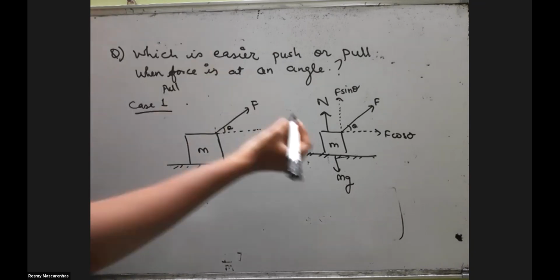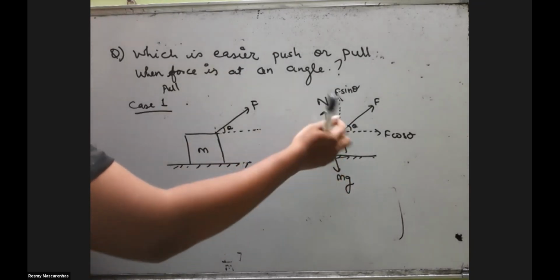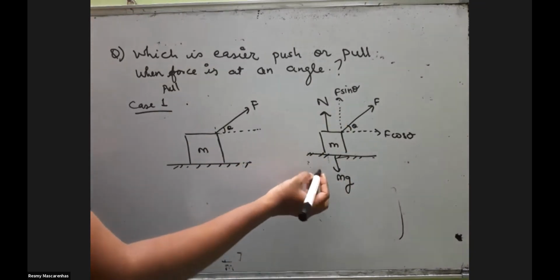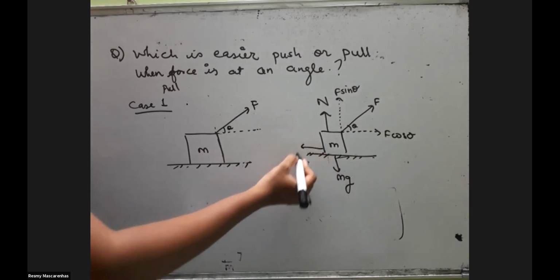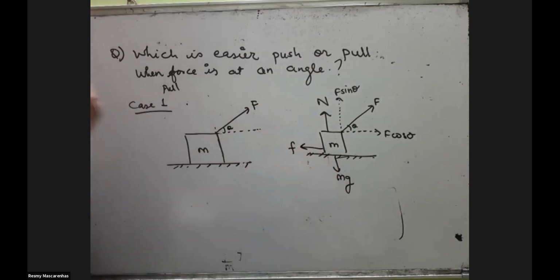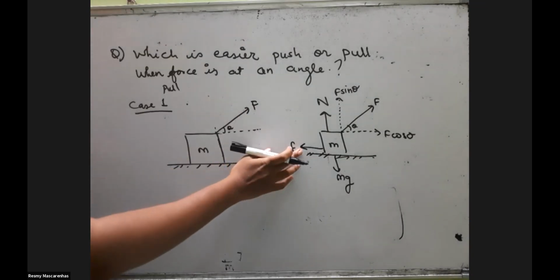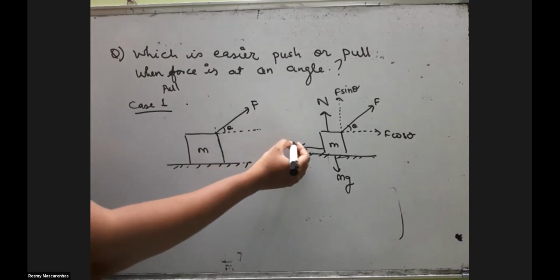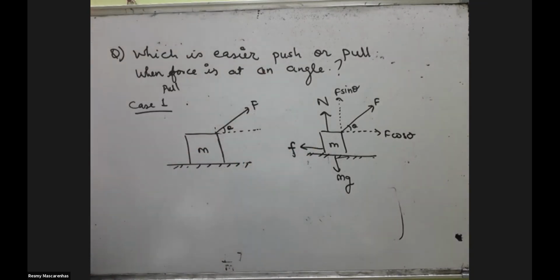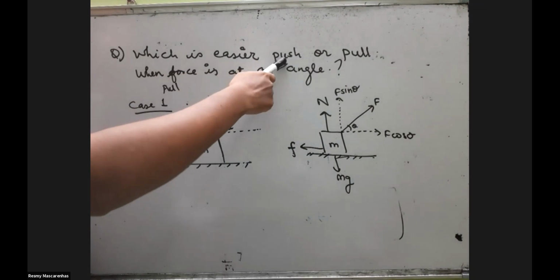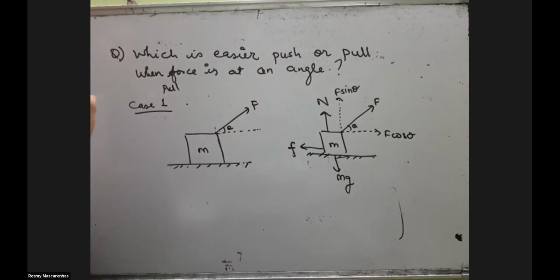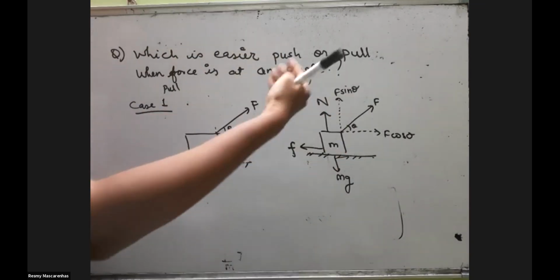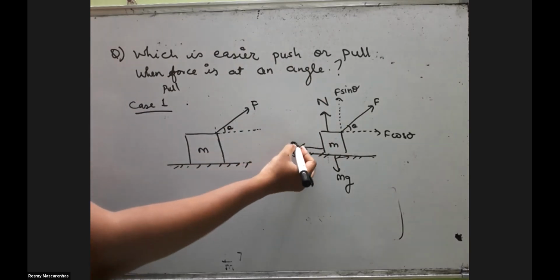Now equate. Vertical forces are always this, and always a frictional force will be there. We will not bother to know whether it is static or kinetic. There will be some frictional force. We just want to know whether push or pull is easier. They never said whether it is in motion. So we'll just keep it as f, frictional force.